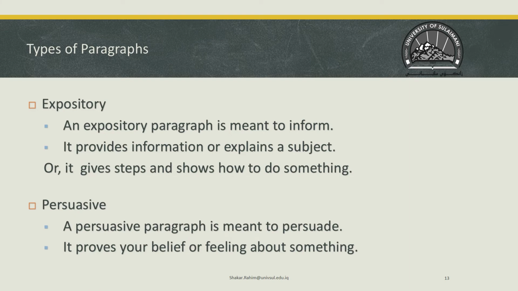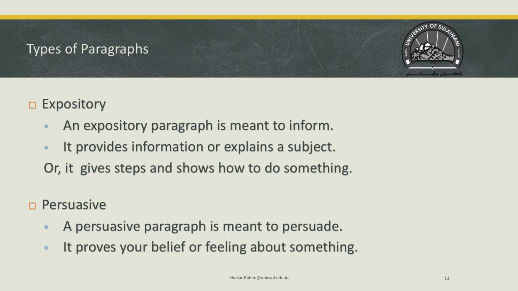The expository paragraph is meant to inform. It provides information or explains a subject, or gives steps, shows how to do something. For example, you write a recipe about a kind of food. For example, you tell a friend how to make biryani, how to make cake.